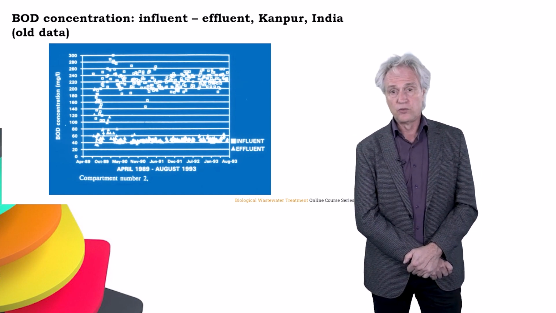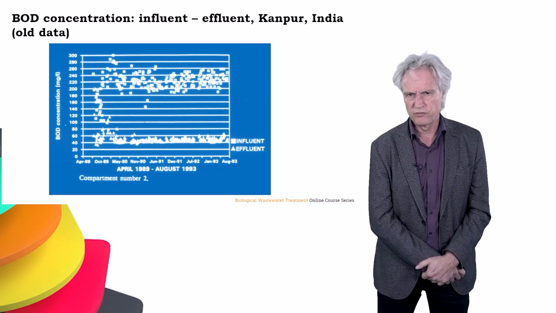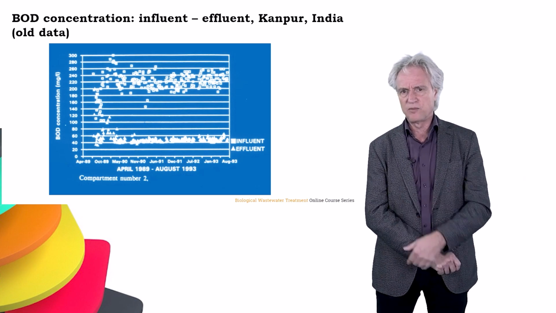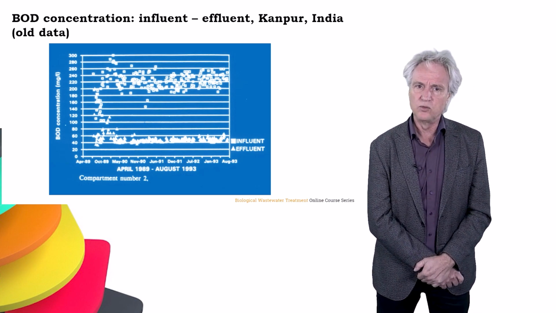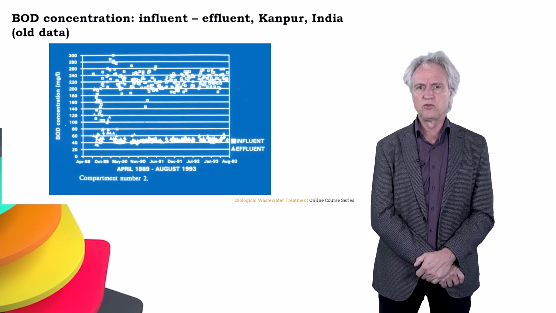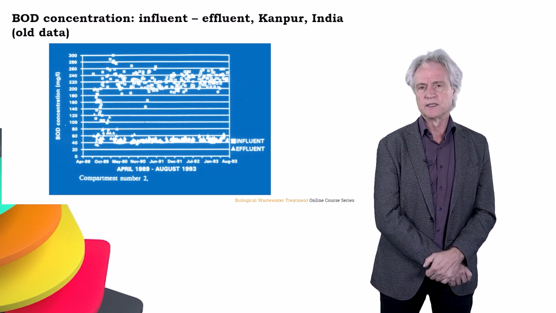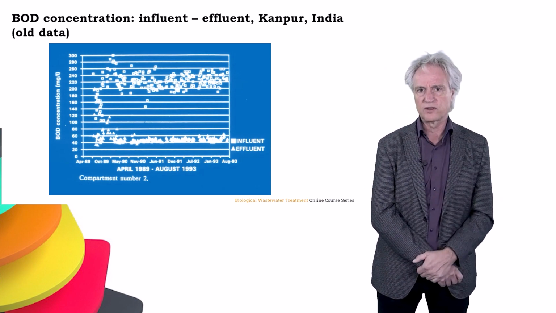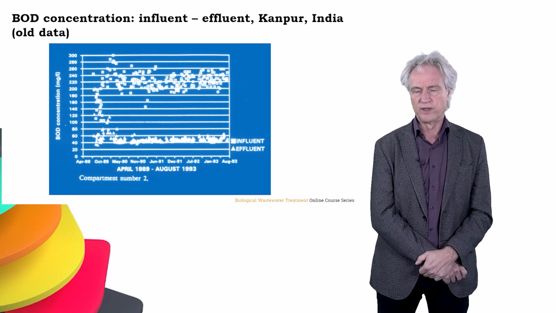Now you can see these are very old data, and this comprises 4 years of monitoring. What is plotted here is a time span of 5 years, and on the y-axis you see the BOD concentration. Now the BOD of this sewage was more or less about 220, 230 milligrams per liter, and the influent is given by the squares at the top part, and the triangles down give the effluent.